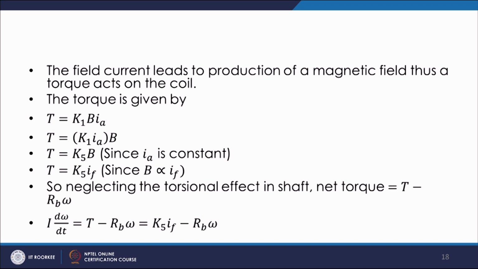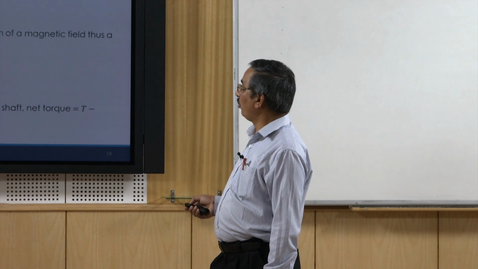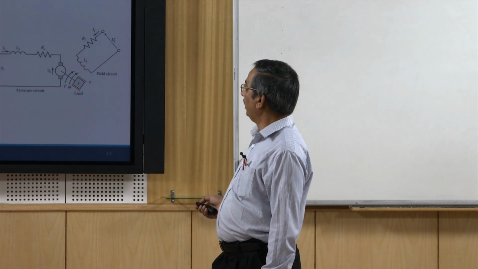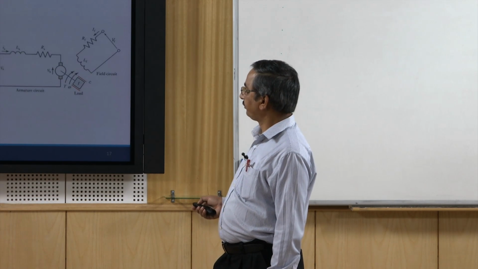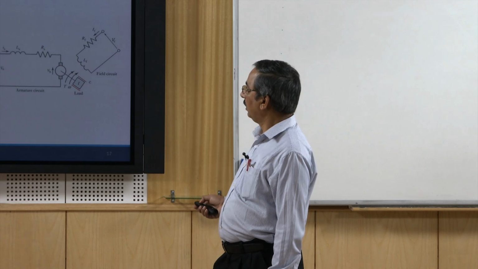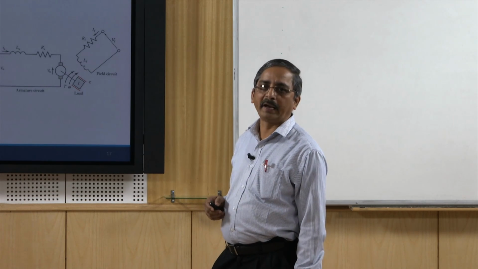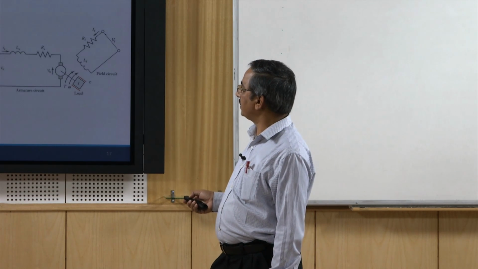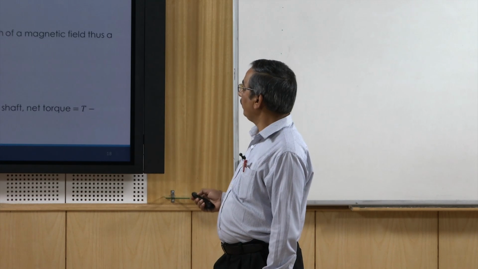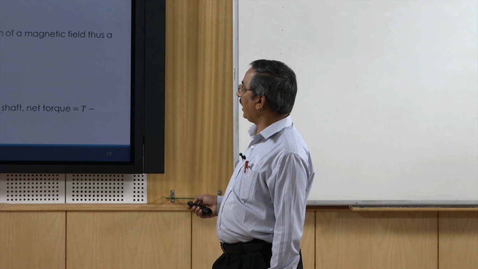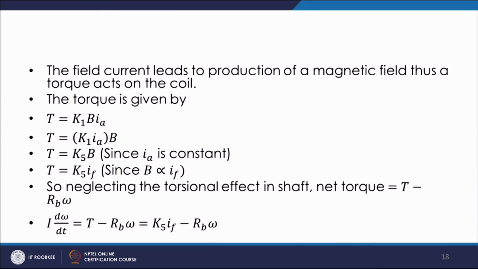Now, you see that here we are going to change B, because I am changing the current. I am going to control it by varying the field voltage. Armature current is held constant here. So, my B is changing and armature current IA is held constant.